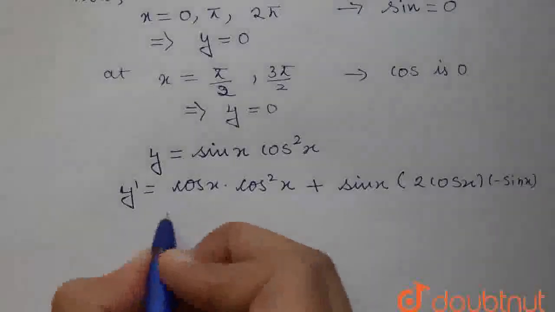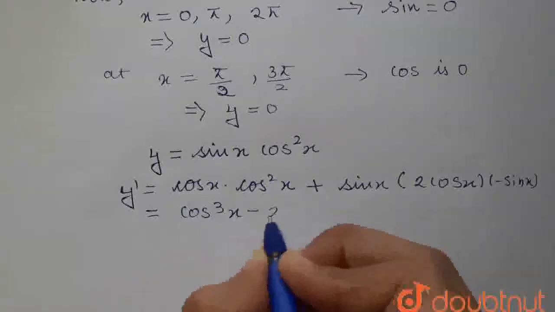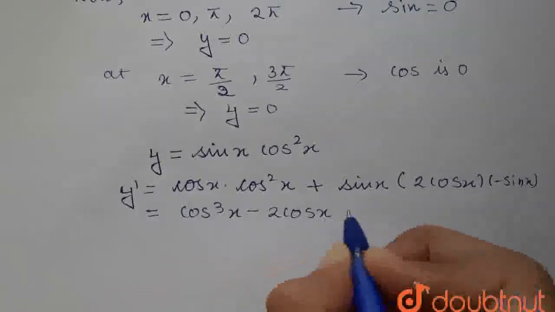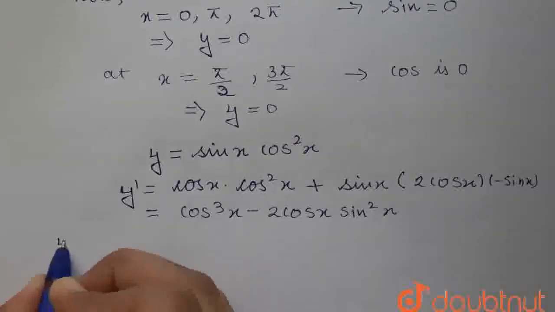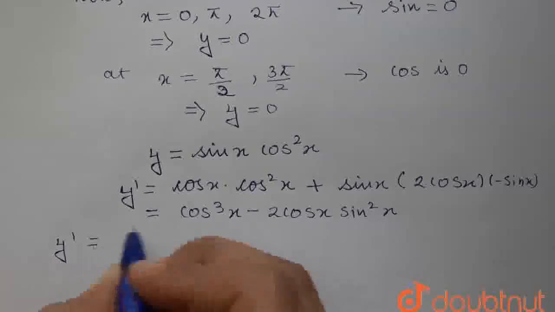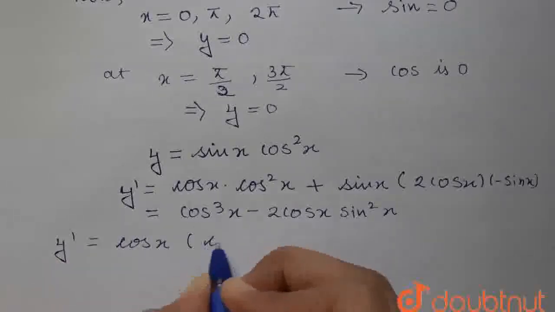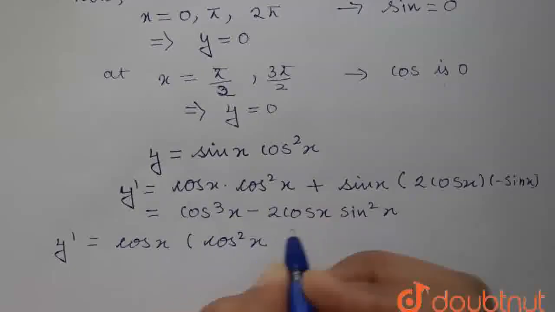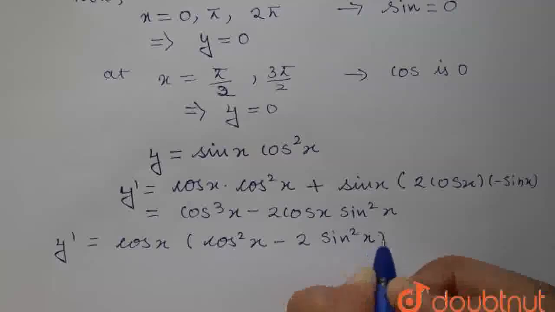On further simplification, we get cos cube x minus 2 cos x sin square x. So the final value for y dash, if we take cos x common, will be equal to cos x into cos square x minus 2 sin square x.